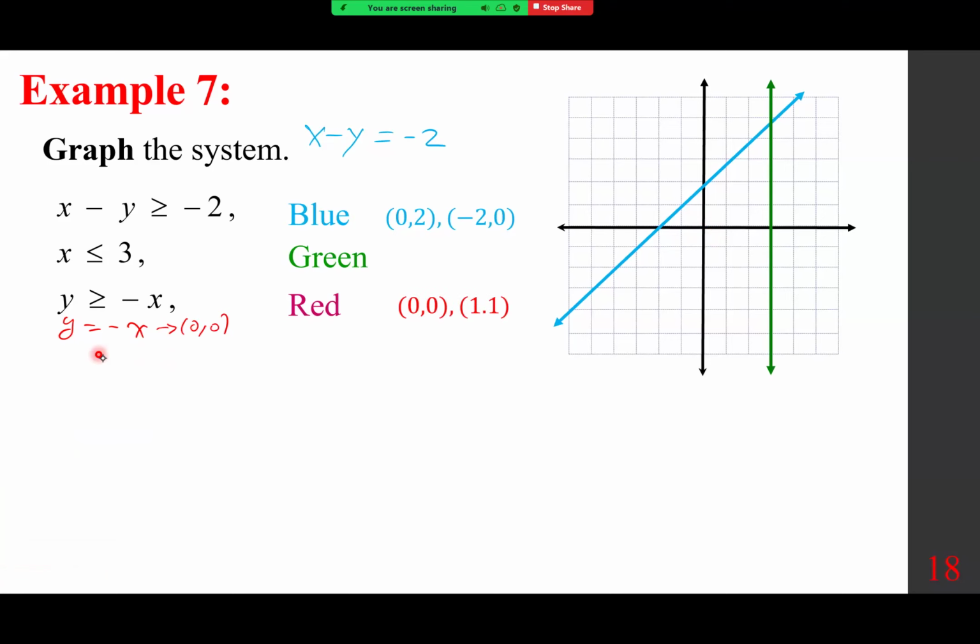And so you have (0, 0), and (1, -1). It's hard to see that, but it's -1.